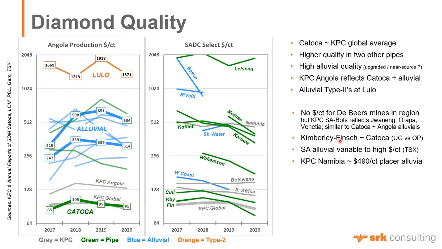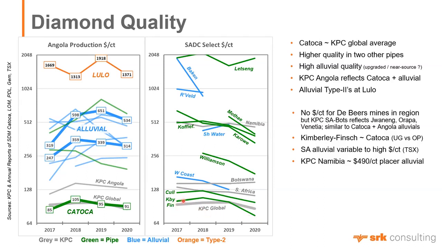Kimberley and Finsch together are operated by Petra. There they are over there. Primary producers. The numbers have dropped off over the past couple of years, in particular at Kimberley, but also at Finsch, in terms of the price point that they're getting for their diamonds.